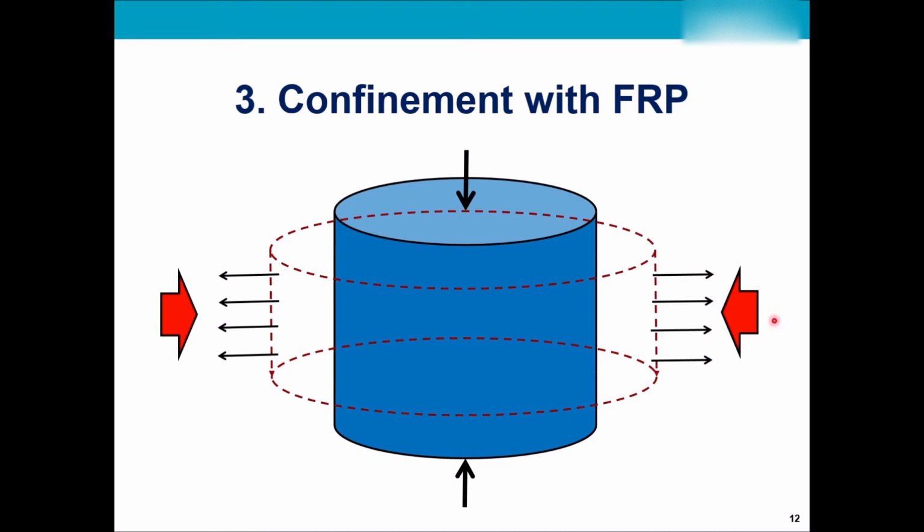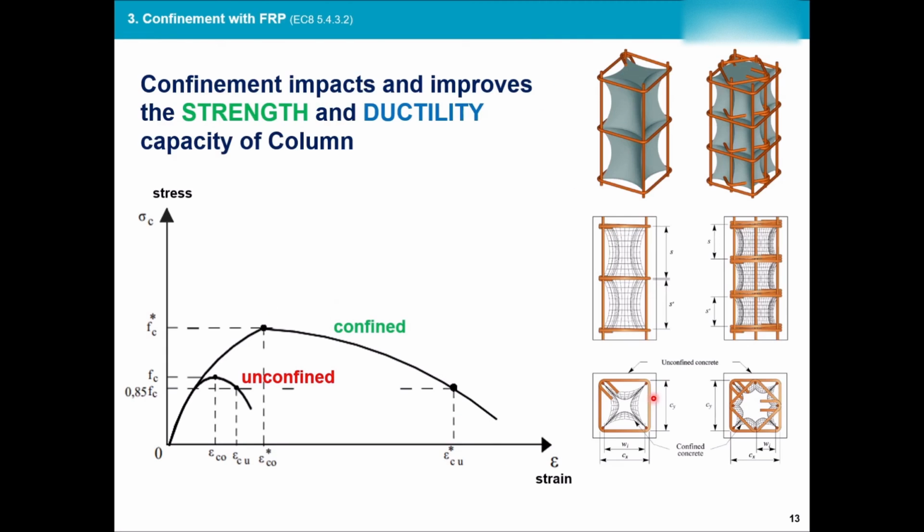Now, if these red arrows are my resistance or my confinement, that confinement resistance will make sure that this column does not change in terms of cross-sectional area and it keeps its position. Otherwise, the shape will give up, and as you can see, the length will be reduced. So this is simply confinement.